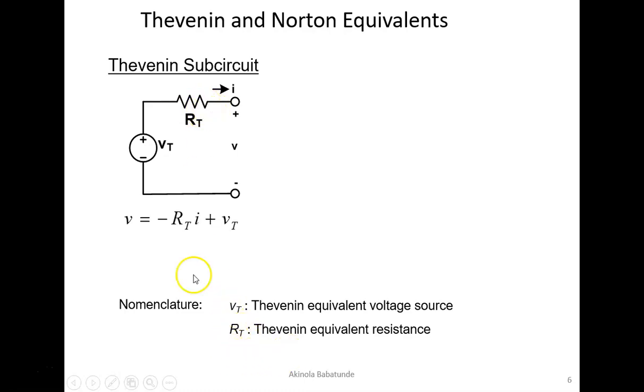So according to Kirchhoff's voltage law, if we have a closed path and we draw a path like this, we have minus Vt plus Rt·i plus V equal to 0. Then if we make V the subject of that expression, V is equal to minus Rt·i plus Vt, according to Kirchhoff's voltage law.